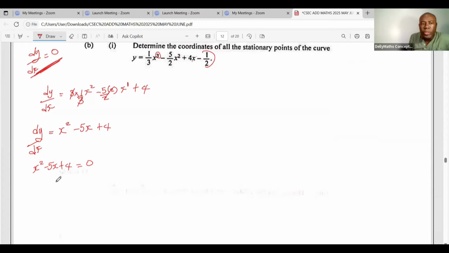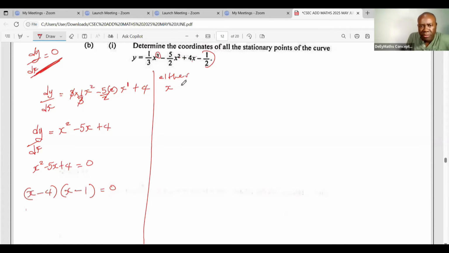And from here, we could quickly try to solve this to find our x values. We could employ factorization here: x squared, we have x, and we're talking about minus 4 and minus 1, right? So a minus 4 and a minus 1. And then at this stage, we can find our x values because it's either, for the first one, x minus 4 is equal to 0.